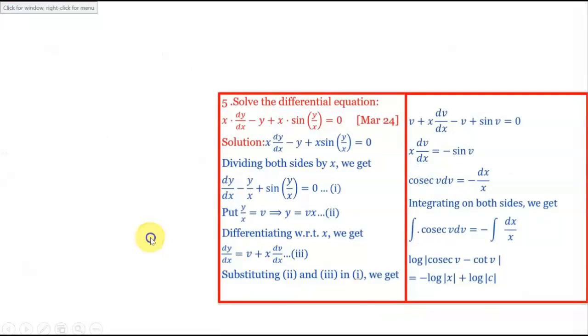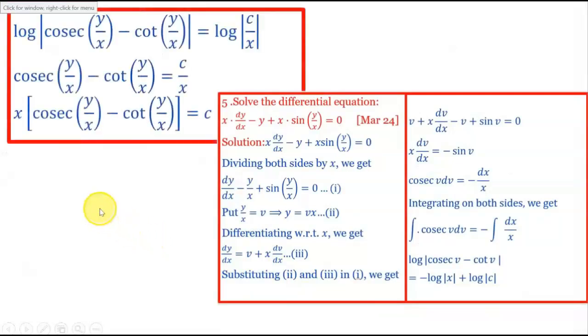Now next, please substitute the value of v, which is y upon x. Therefore, log of mod of cosec y upon x minus cot of y upon x is equal to log of c upon x. Here, minus log of mod of x plus log of mod of c means log of c upon x.